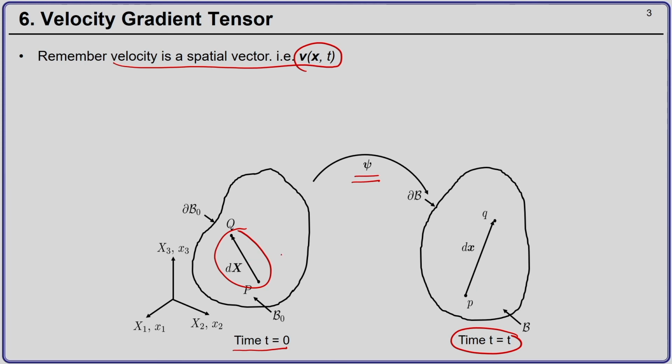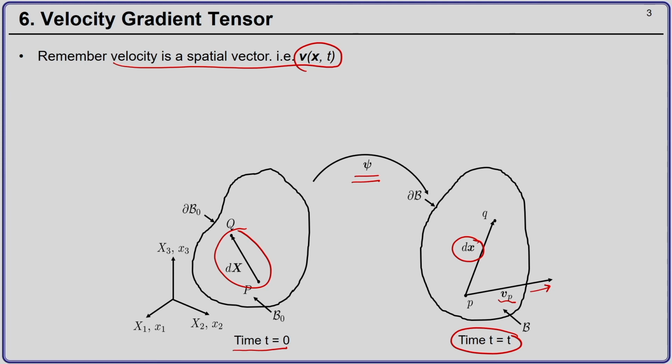So, this material element maps to the spatial element dx. Now, as the body is moving, point P will have a velocity V_p, and let this arrow show this velocity vector.